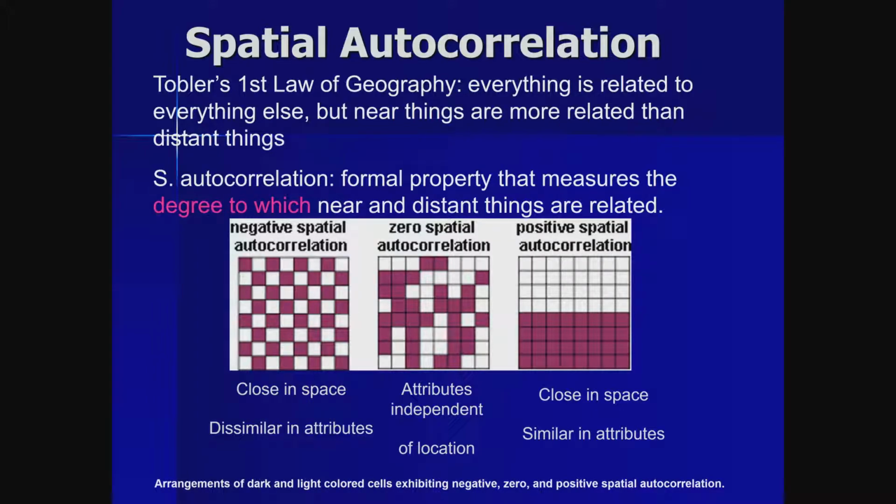So it would be positive spatial autocorrelation. In this direction, it would be negative autocorrelation. It would be always different. So you can have autocorrelation measured in a certain direction, and you can also just measure it for a circle. Anyway.